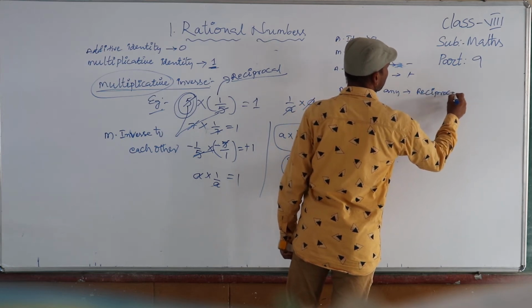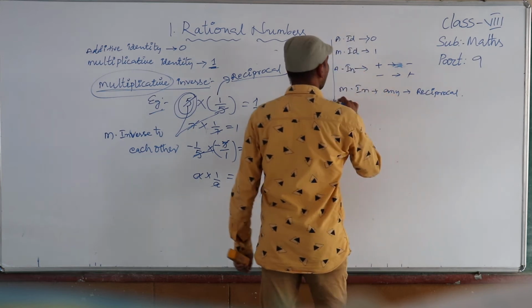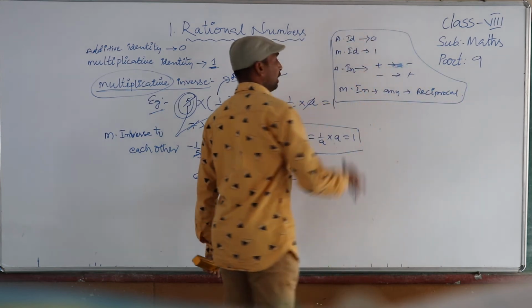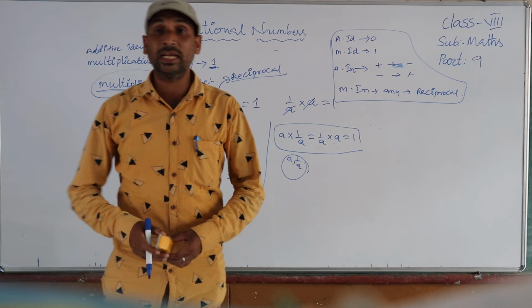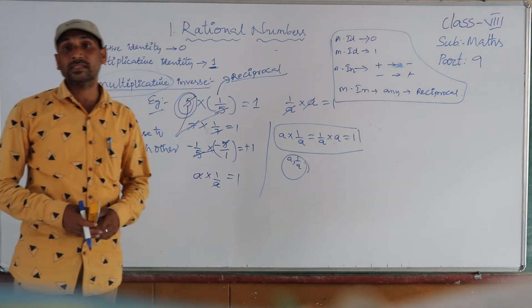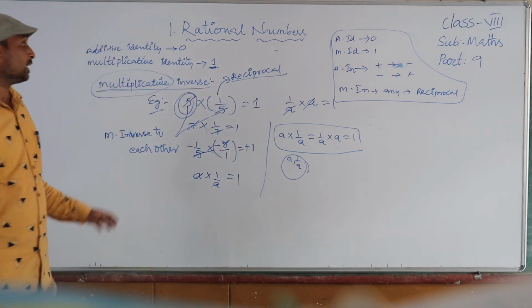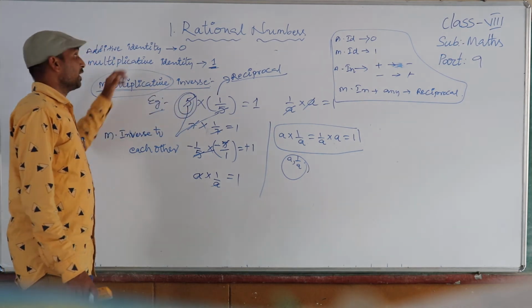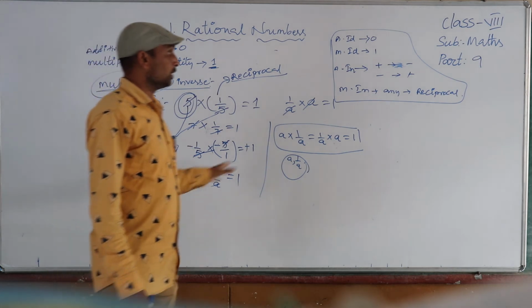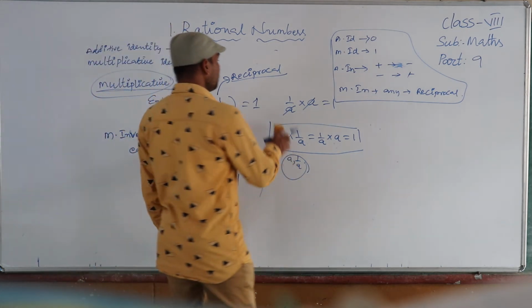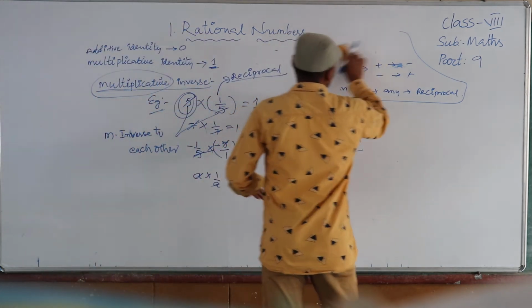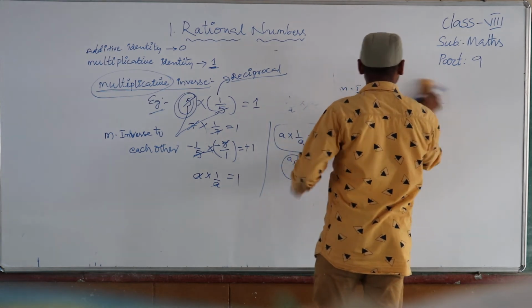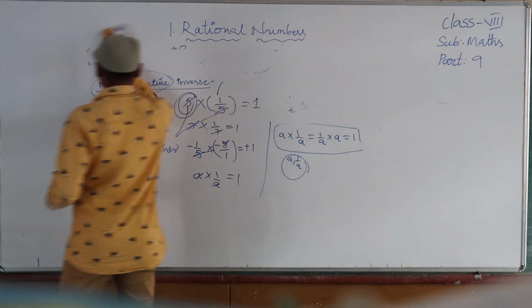So these conditions you have to remember. Now children, based on these properties of rational numbers, we are going to discuss the problems. Just listen, then we'll go through examples.